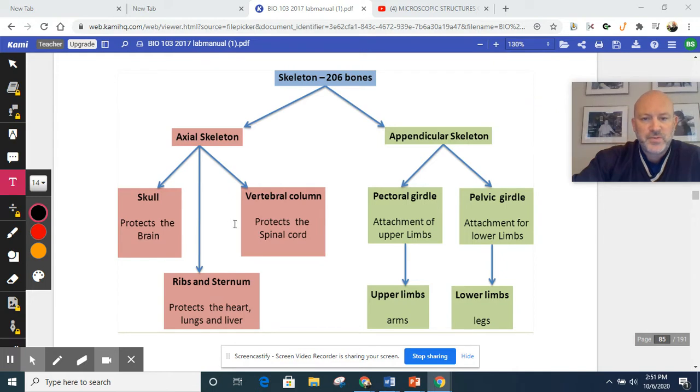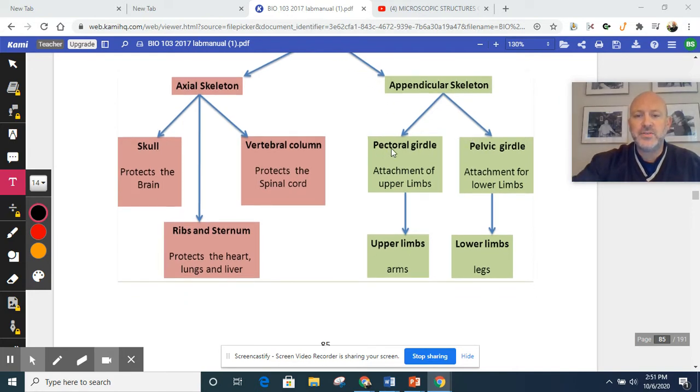And we have functions of those things right in here as well. Everything outside of that, everything lateral to that, would be the appendicular skeleton. So this is going to include your limbs, your upper limbs, and your lower limbs.